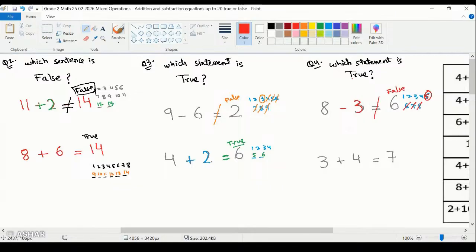We are looking for true. Can we write 3 numbers? 1, 2, and 3 plus 4 numbers would mean 1, 2, 3, 4. This should become 4, 5, 6, and 7. That means this is a true statement. Agreed? 3 plus 4 would always be equal to 7. Agreed?